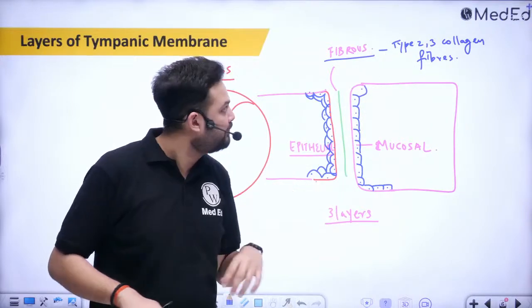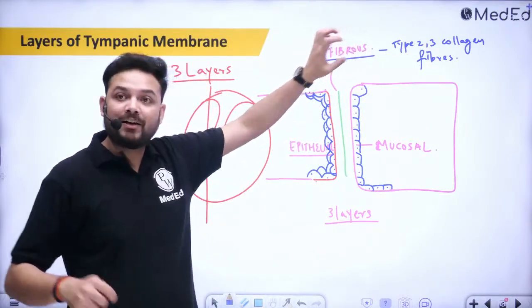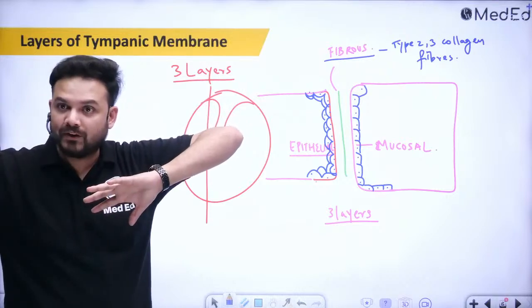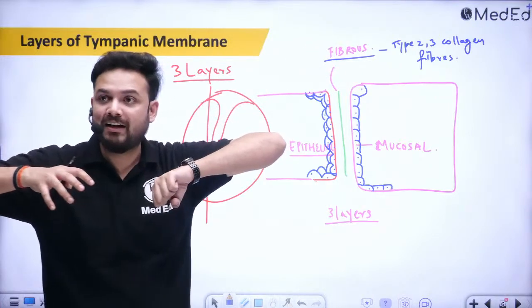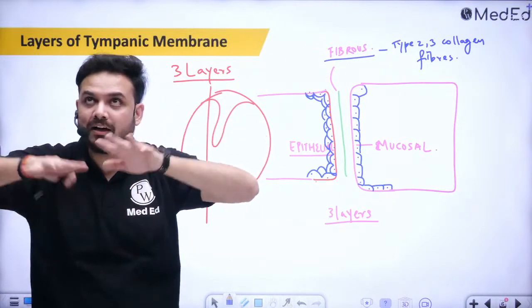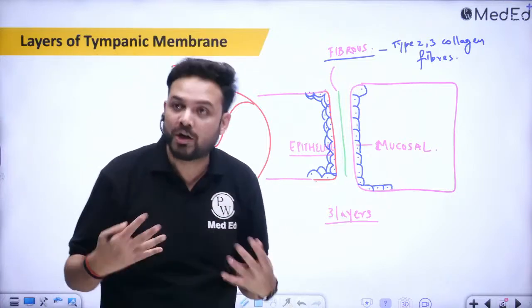Okay, now if we take out this fibrous layer and see how the fibers are arranged in my tympanic membrane, what will I see?